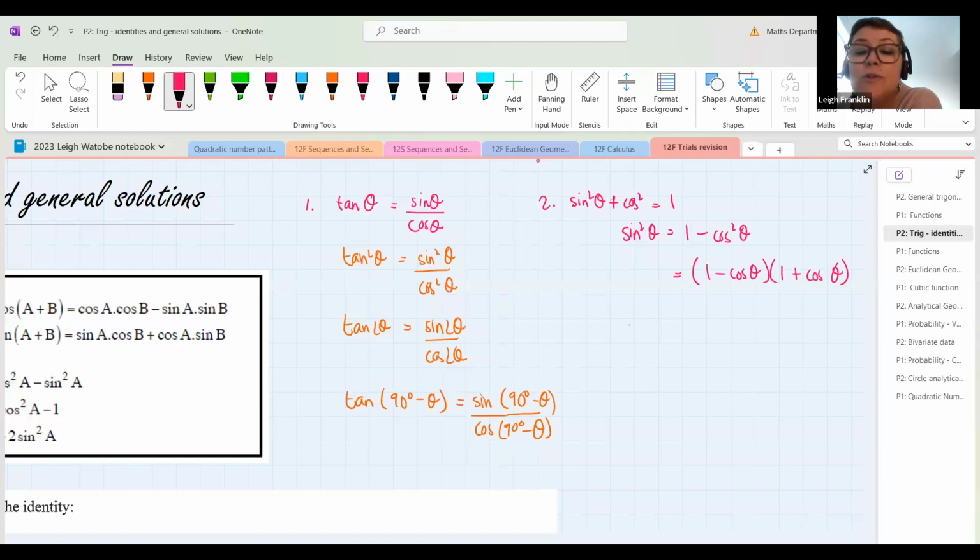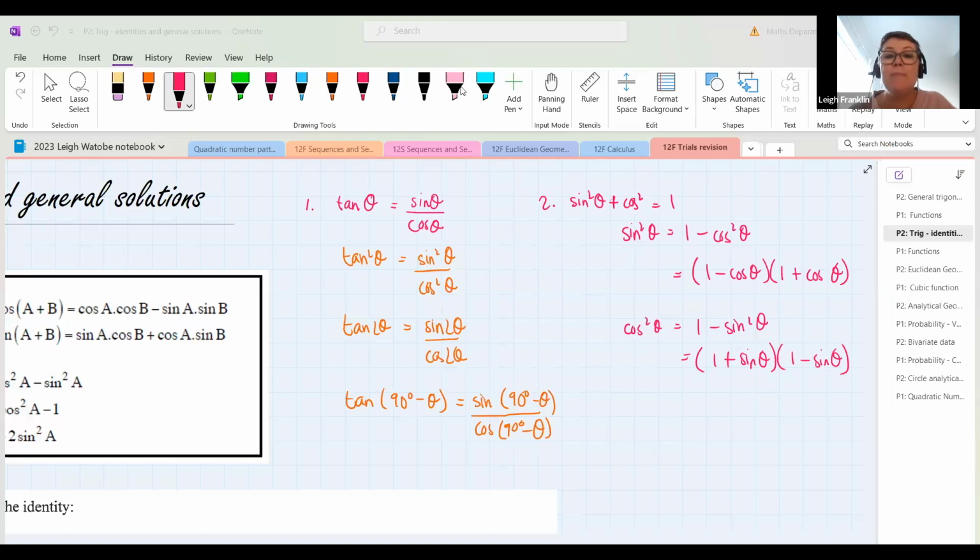Okay, and then we can do the same thing. We can make cos squared theta the subject of the formula. It would be 1 minus sine squared theta. And again, we could factorize that if we needed to. Not always going to do that, but that is what's possible.